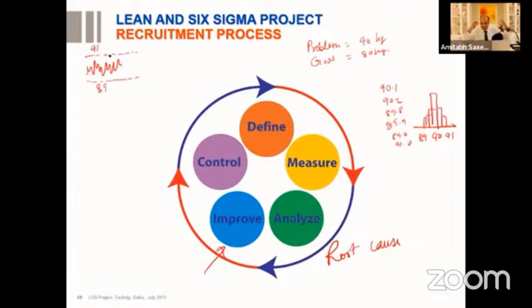Now, the way I was managing my process earlier, when I was not following DMAIC, is how our operations managers also usually manage our process. When it used to go to 91, I was worried. And I would stop eating for 1 or 2 days, and it would go to 90 kg. I felt happy.